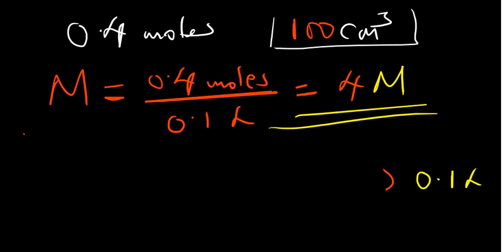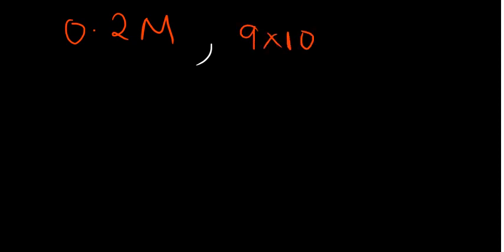What if we change the question and talked about a concentration of 0.2 molar, and then we get to talk about you determining the number of moles given a volume? Okay, let me not complicate it.